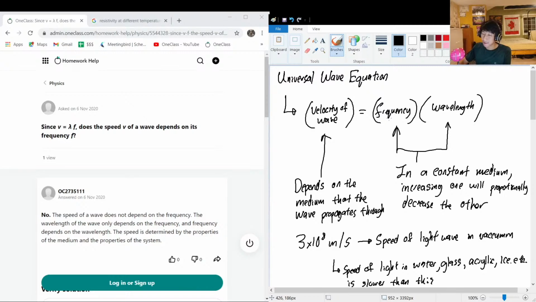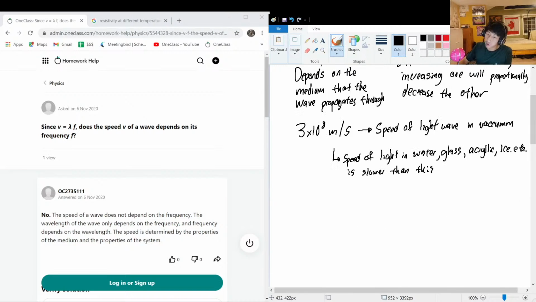The velocity of the wave is defined strictly only by the medium and the type of wave. These are light waves, but for sound waves, the speed of sound is about 300 plus meters per second, between 300 and 400, but it is temperature dependent.